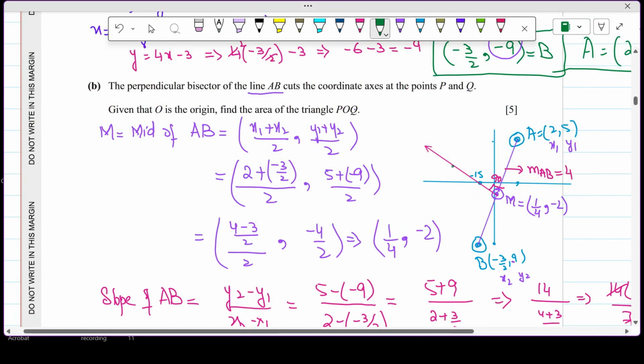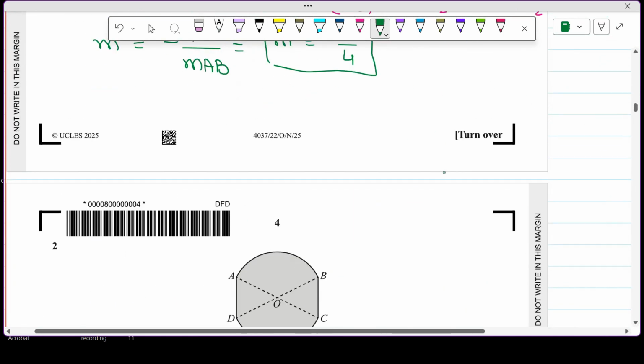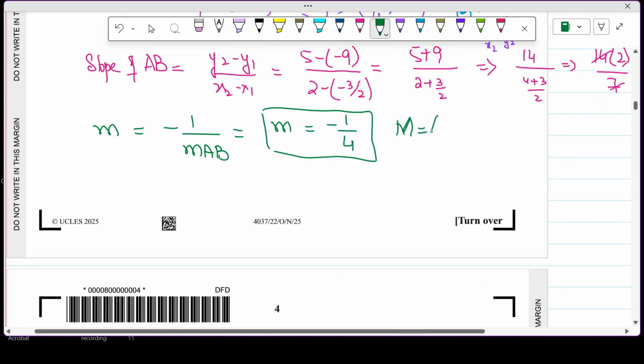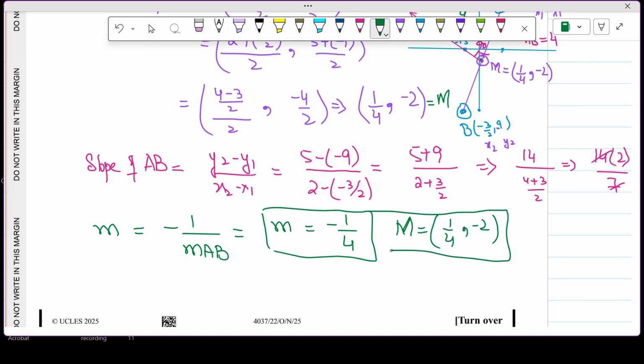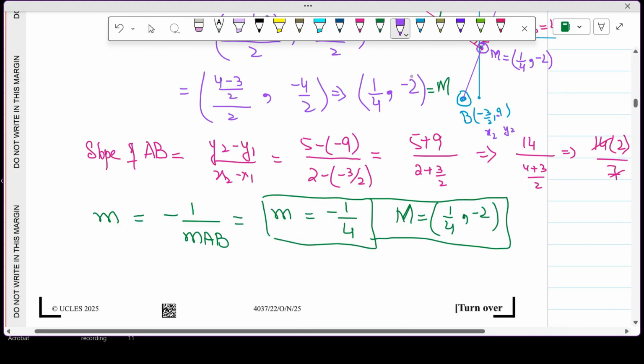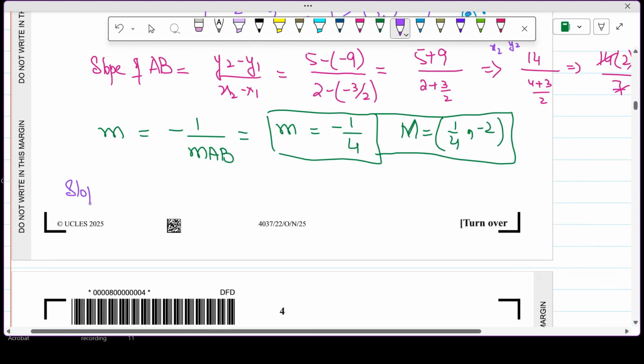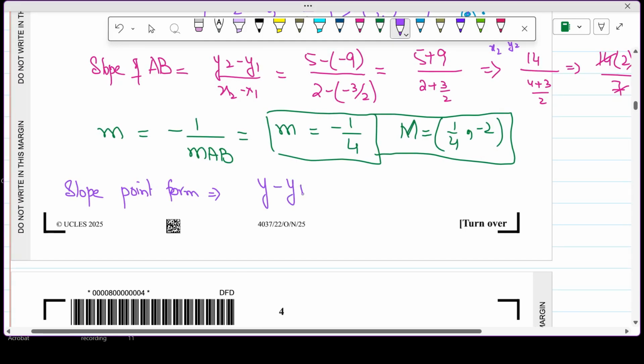So we have the slope of the perpendicular bisector, which is equal to -1 over 4, and we have the point M, through which the perpendicular bisector is passing. So M is 1 over 4 comma -2. So we can find the equation of the perpendicular bisector by using the slope-point form, which is y minus y1 is equal to m times x minus x1.